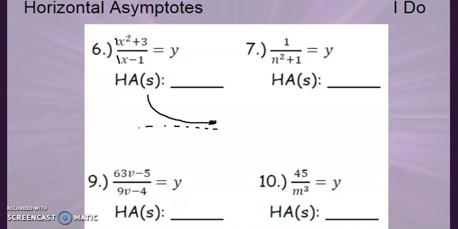If the degree on the numerator is larger than the denominator, then it does not have a horizontal asymptote. So we just put none here.